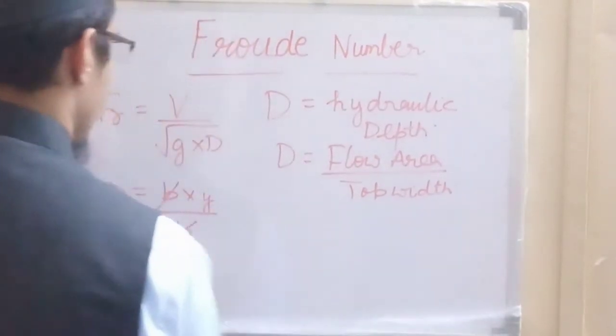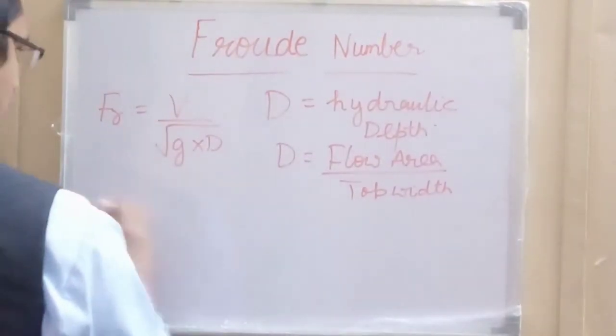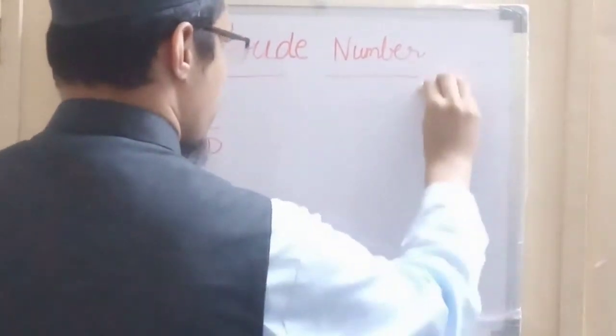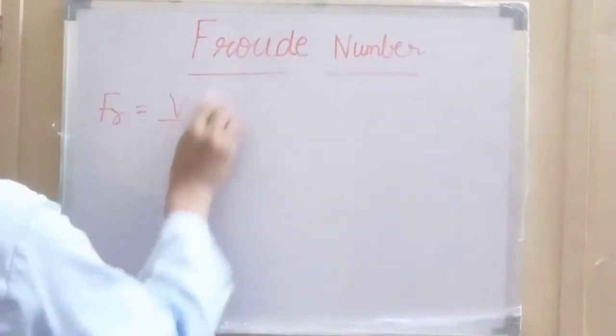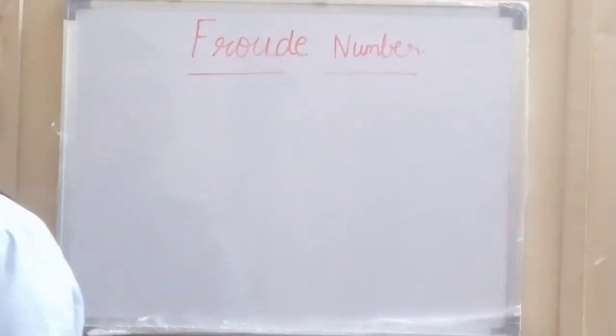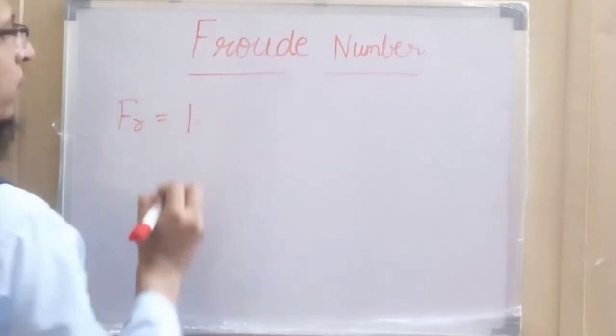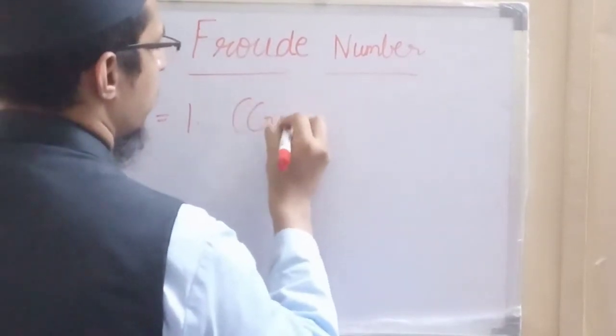Now after calculating the Froude number, how can we use this value of Froude number to classify the flow? So the flow where Froude number is equal to 1 is known as critical flow.